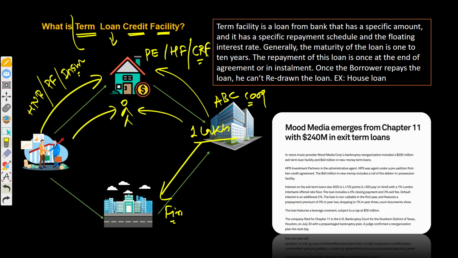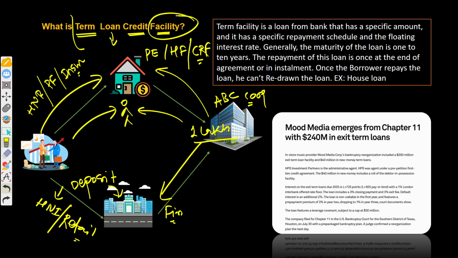Same way here also, people like us, including HNIs and retail people, deposit money in banks or financial institutions, and then financial institutions offer funding to ABC Corp. But when they offer funding, they don't directly disburse the amount. See, here we are talking only about a facility, not disbursing the amount. For example, again, if you are confused, then I'll explain it in a very layman way.